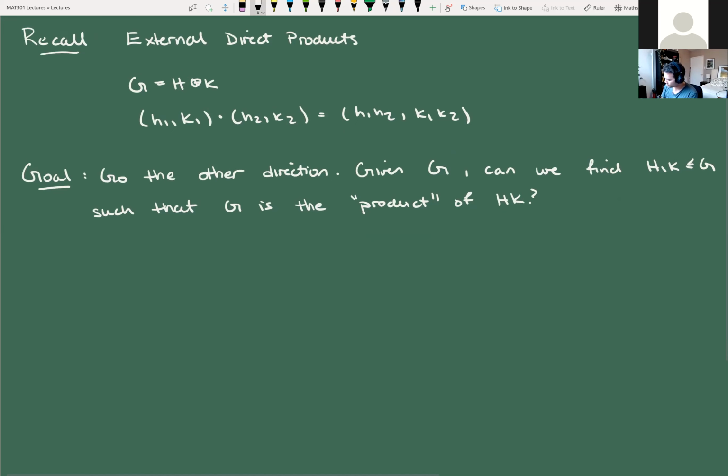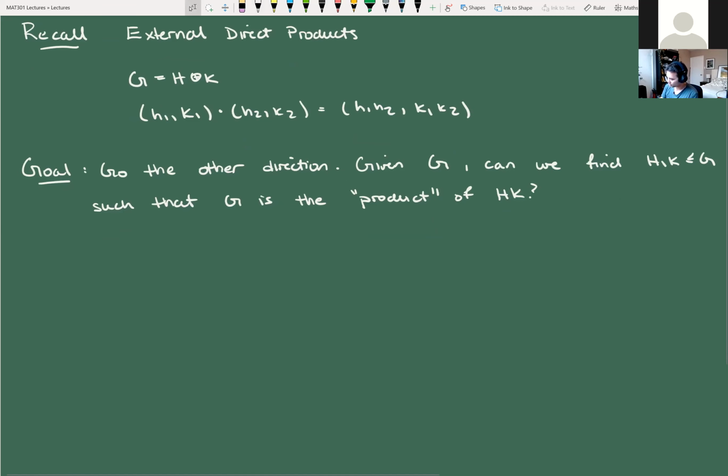Should I give you the definition first, or maybe I should recall some linear algebra? Did we say 224 was a prereq for this course? I don't really remember. Has everyone taken 224 or 240 or something like that? Some sort of linear algebra, right? I think so.